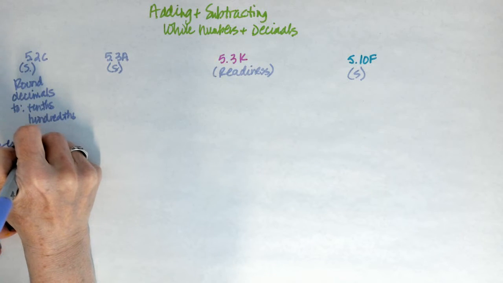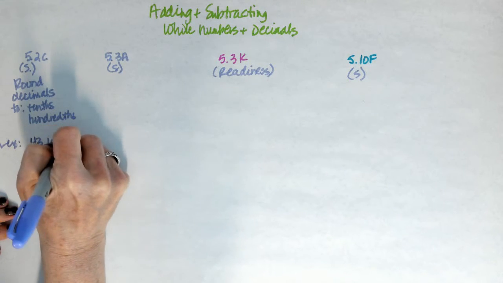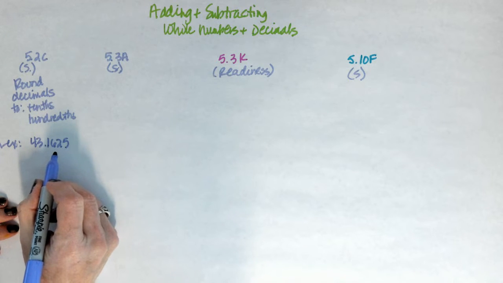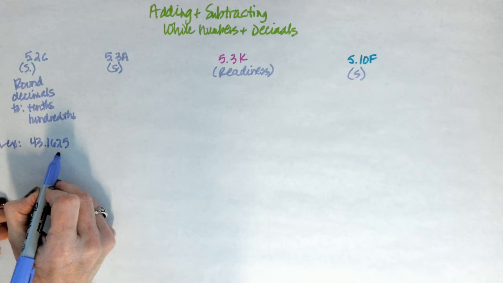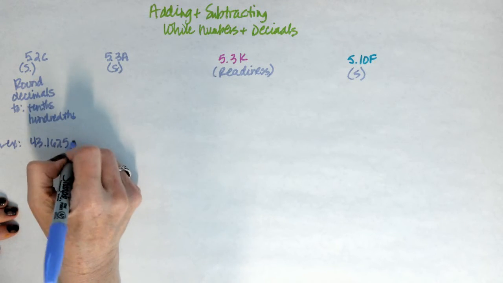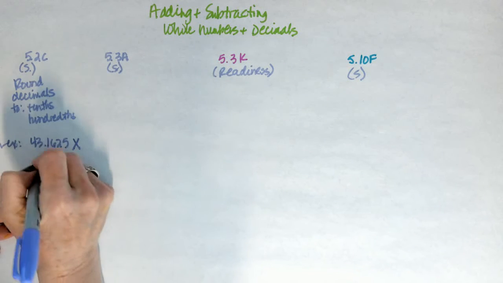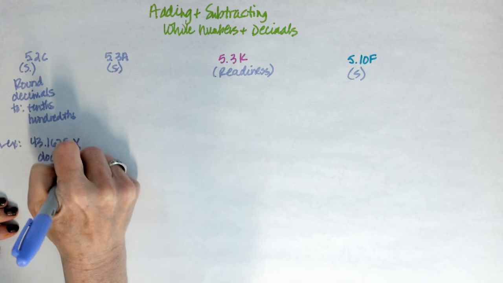If I had the number 43 and 1,625 10,000ths, I would not give this number to students because it does not fit our place value TEKS, even if I was asking them to round to the tenths or hundredths. So this is a no-go because it doesn't fit place value TEKS.